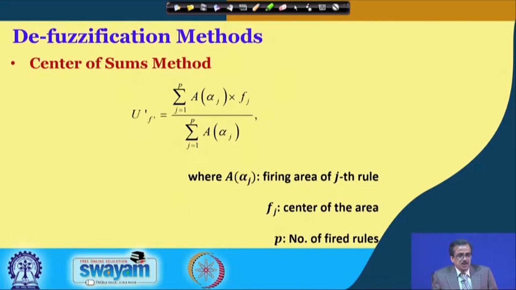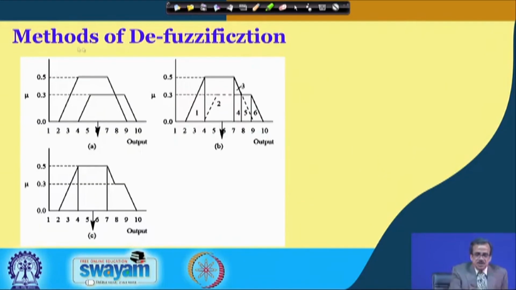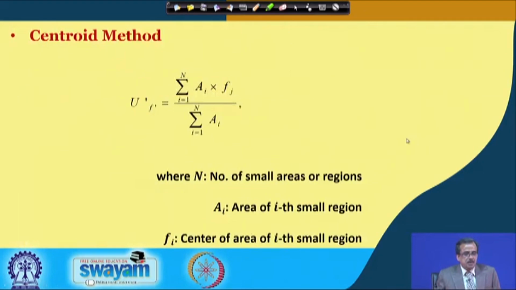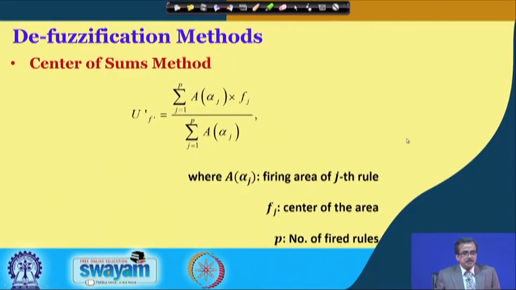So, this is the way the center of sums method works. The same thing I have explained here. This figure has been used to explain the center of sums method, which I have already discussed.